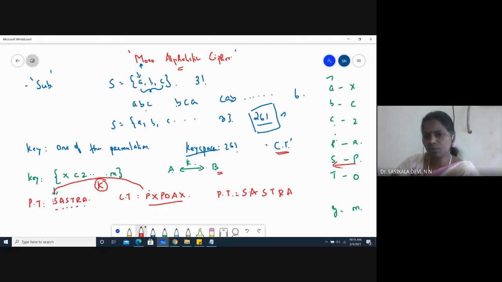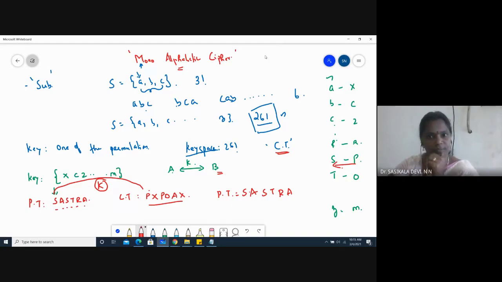So we have to make a better crypto system. The next innovation is an extension of monoalphabetic cipher with resistance to frequency analysis attack.